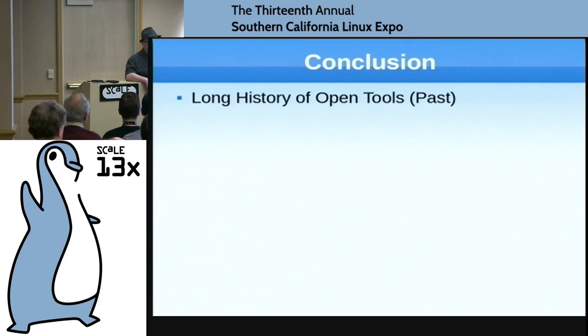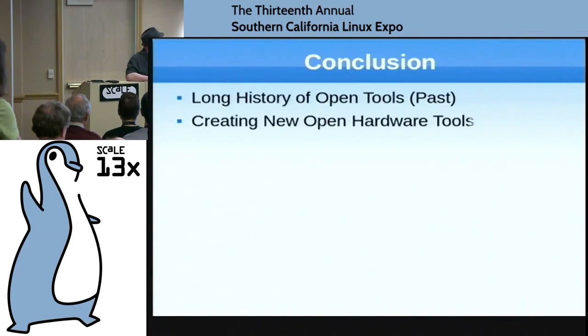So I've rushed through a lot of this and wanted to give you a really good background. We've talked about a little bit of history and the fact that open hardware tools is not something new. It's been going on a long time. We've just transitioned from creating lab equipment out of glass and pipe to creating tools out of PCBs and silicon so that we can do our own testing.